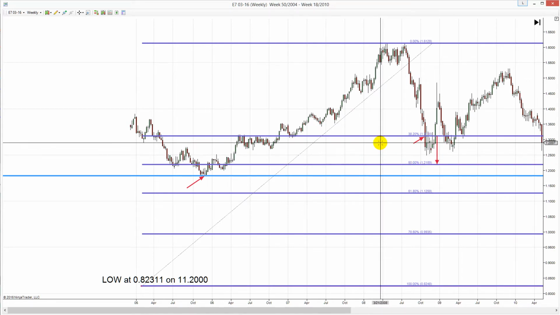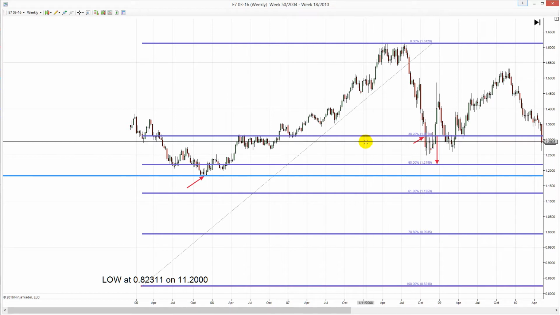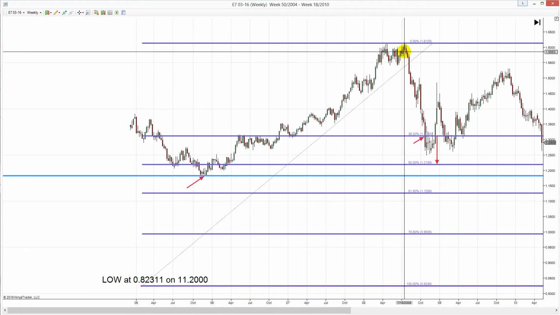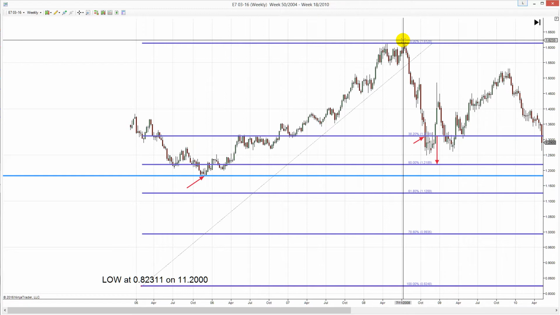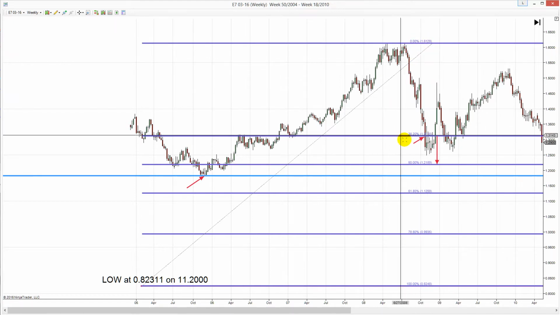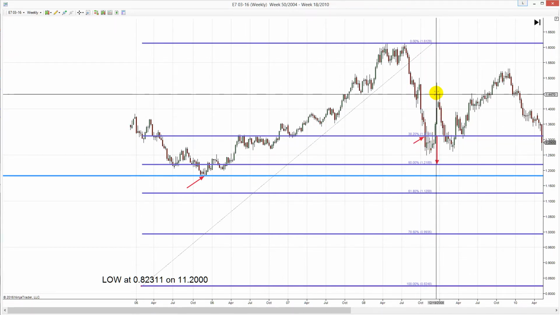That's by the rule, and the probability of this event is very high unless we take out that high, 161. Okay, let's see what happened.